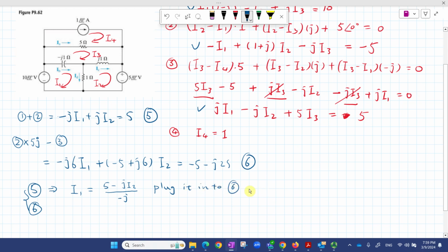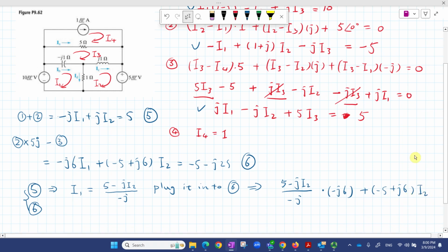All right, so I'm going to plug it in. So you have 5 minus j I2 divided by negative j, multiplied with negative j6. Okay, that's the first part, and you're going to plus negative 5 plus j6 I2.